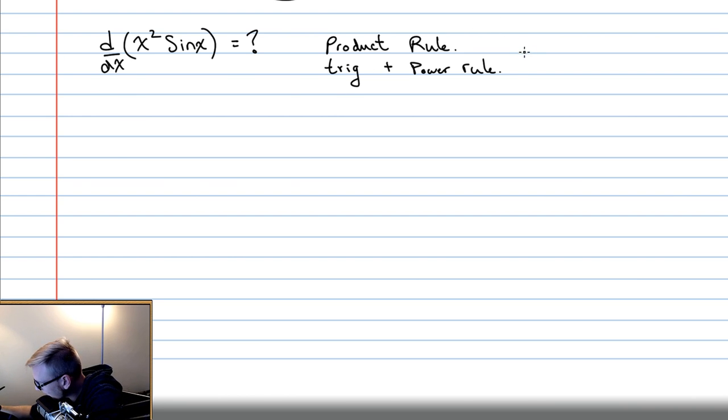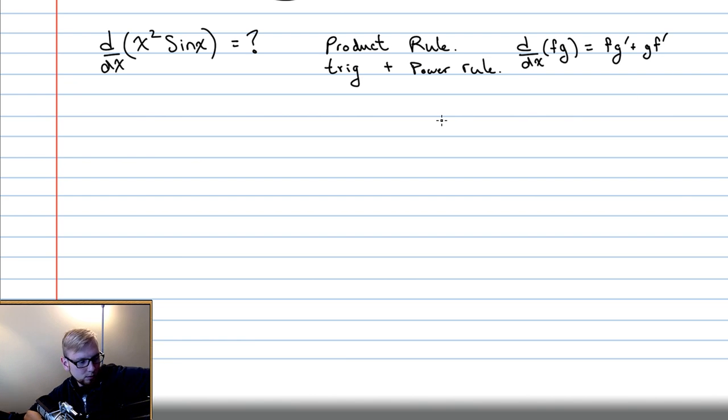Product rule is derivative of fg is, what is it? f g prime plus g f prime. Is that how they actually write it? I always mix up the product rule. f g prime? Yeah, it is. Sweet. Because the quotient rule is opposite.